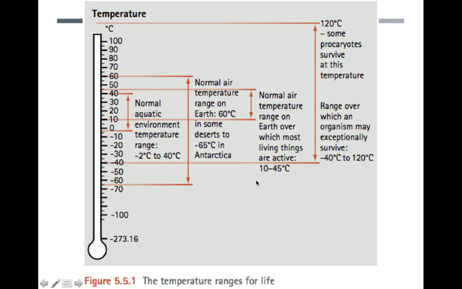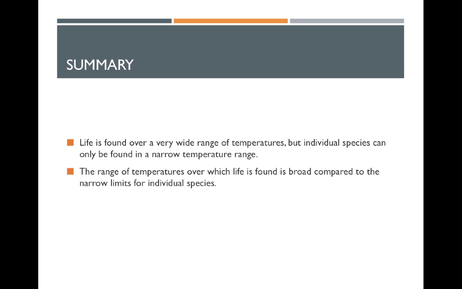The normal air temperature range, where most living things are active, is 10 to 45 degrees, and some prokaryotes can survive 120 degrees plus. So there's a big range over which life is found, small range for those individual species again. And that's pretty much the summary of what you need to know.